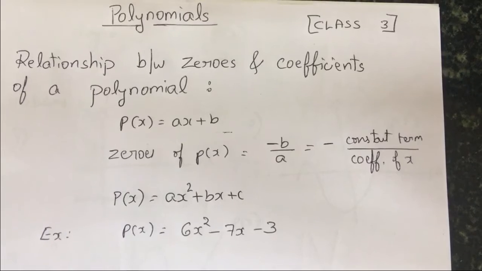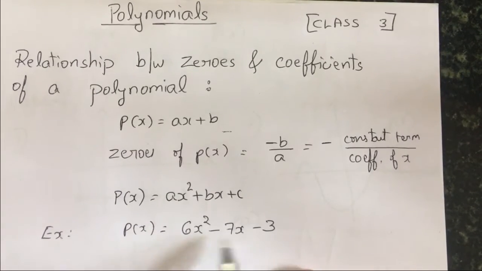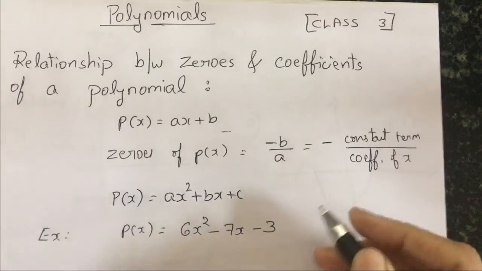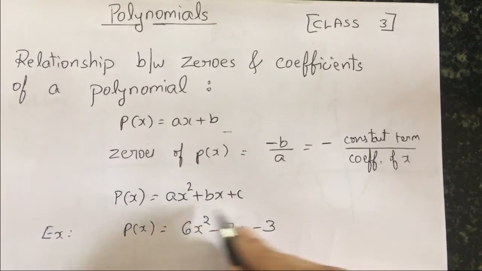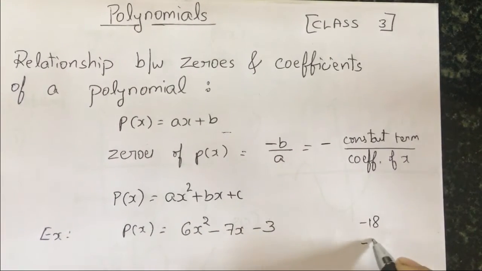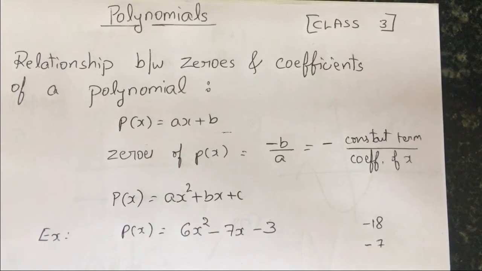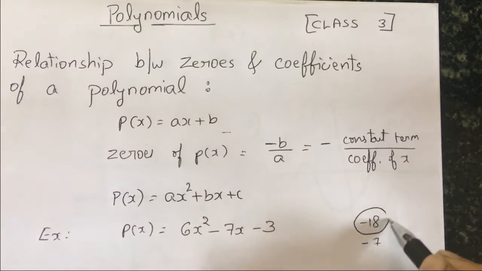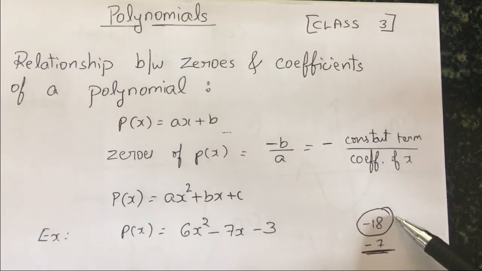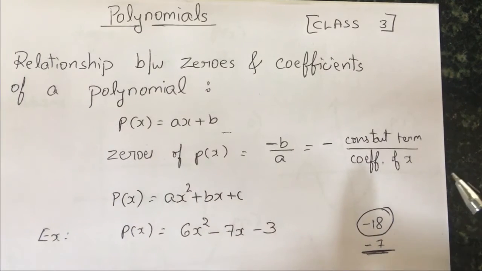Now you have already studied the factorization of the middle term in your earlier classes. So the product must be minus 18 and the sum must be minus 7. Which two numbers do I have to take? 6 into 3 I can take, but 6 plus 3 will be 7, so I cannot take that.